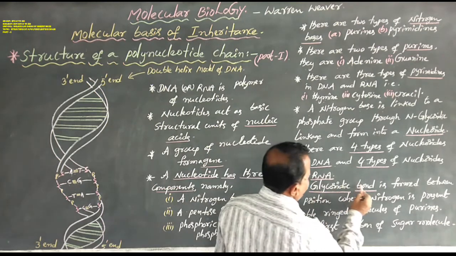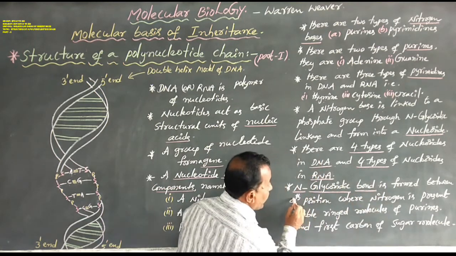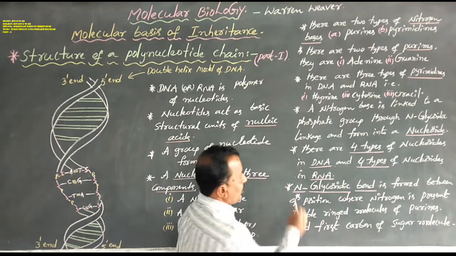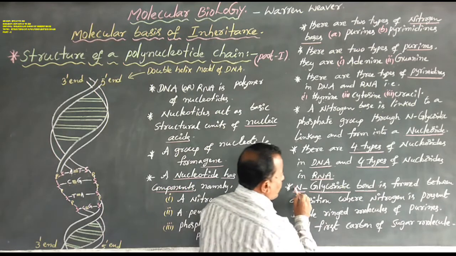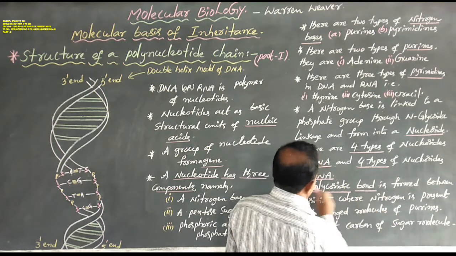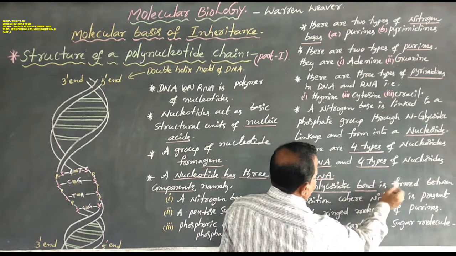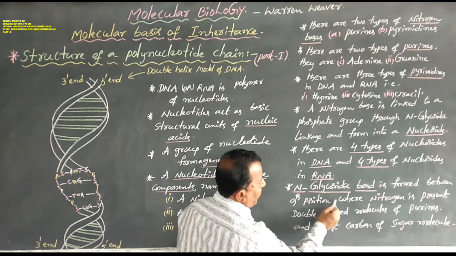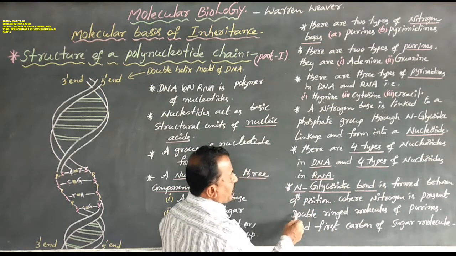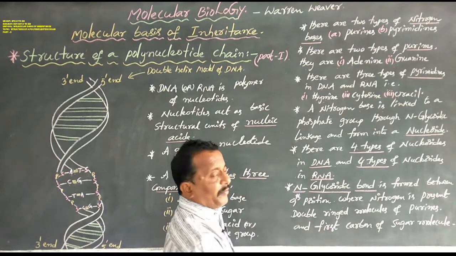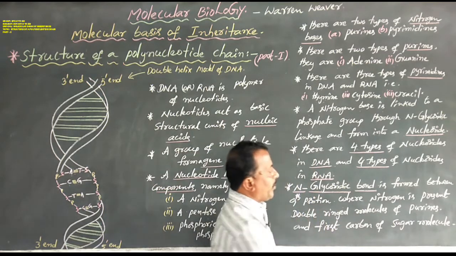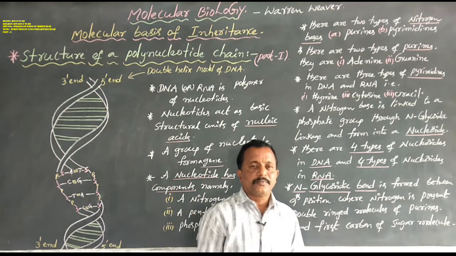So the N-glycosidic bond, where N means nitrogen, is formed between the ninth position, where nitrogen is present in the double ringed molecules of purines, and the first carbon of the sugar molecule.